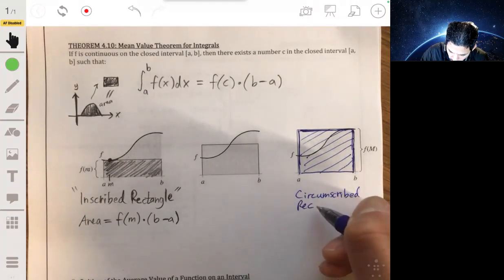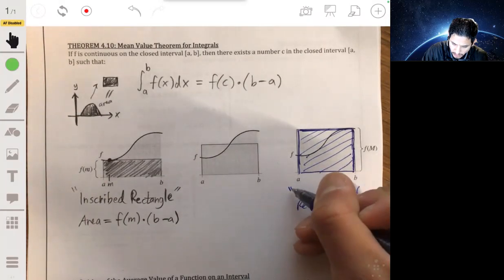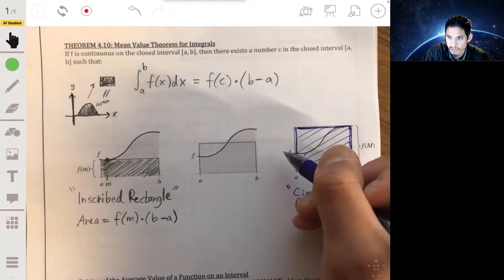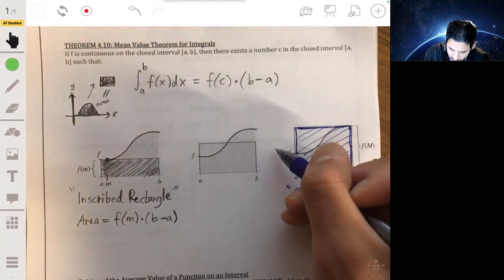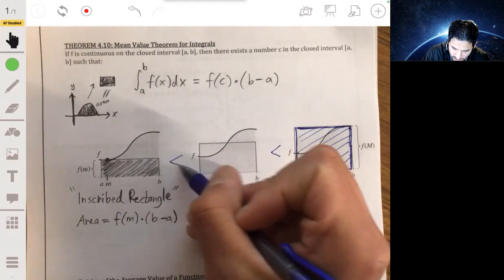The circumscribed rectangle has an area that's greater than this. So let's use some inequality symbols. Let's write that this area is greater than this one, and this area is less than the true area here.